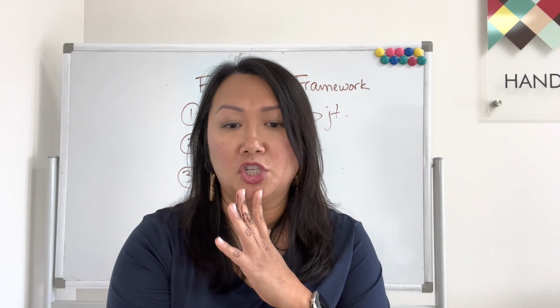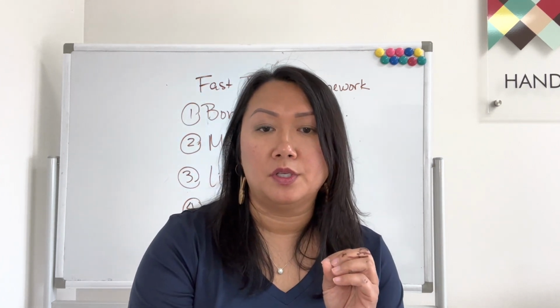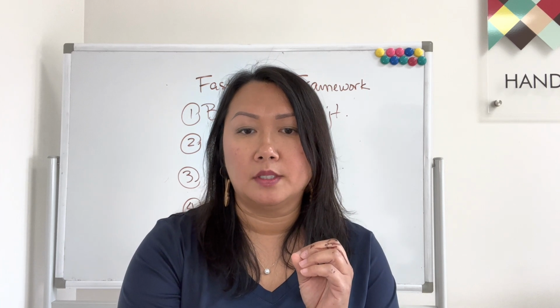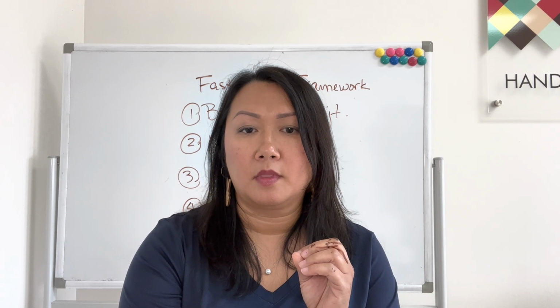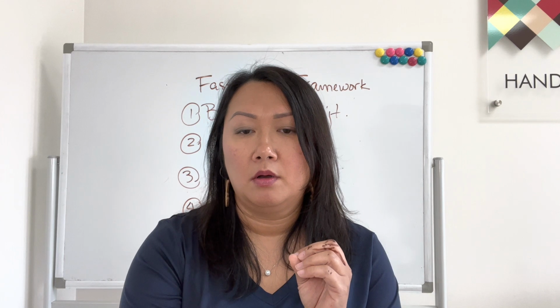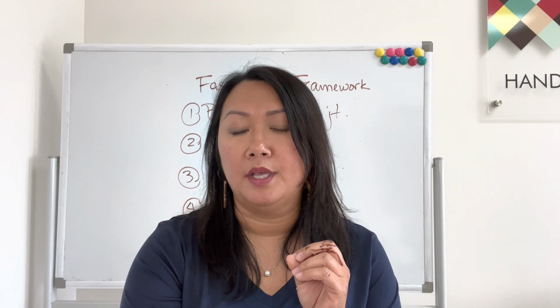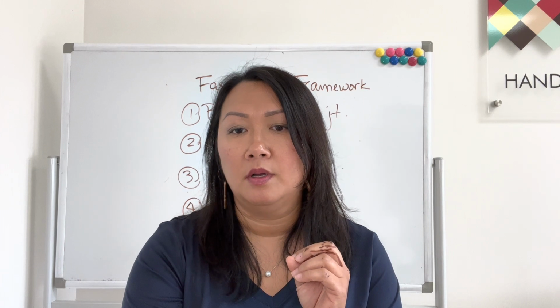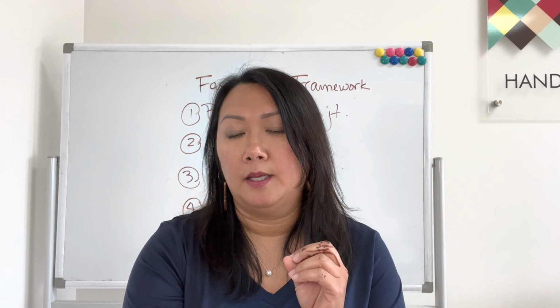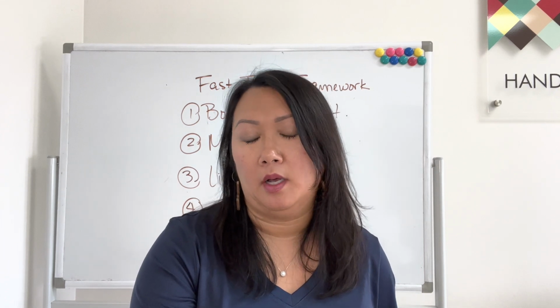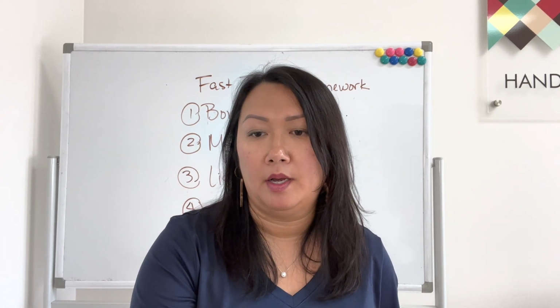So let me see if I can share my screen just to show you guys some of the pictures of their improvement. So this is Victoria's finger fractured. You can see how it's an intra-articular fracture, and it's completely displaced, right?